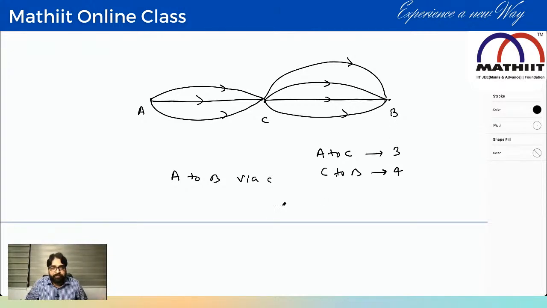It's very simple. Now, I'm repeating the question. You have to answer. In how many ways can a person go A to B, of course via C, and return to A via C, if he does not repeat the path?